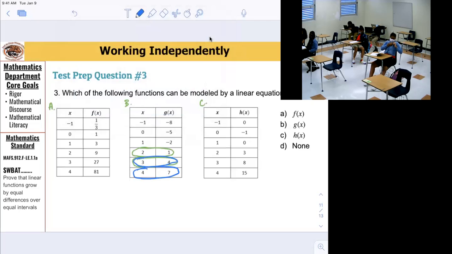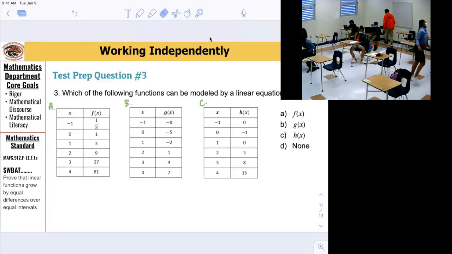Like if you see this fraction and you don't want to look at it, that's fine. You don't have to check that point. You can check any other 3 points. But still, what you're looking for is to see if you get the same answer for rate of change, constant rate of change.